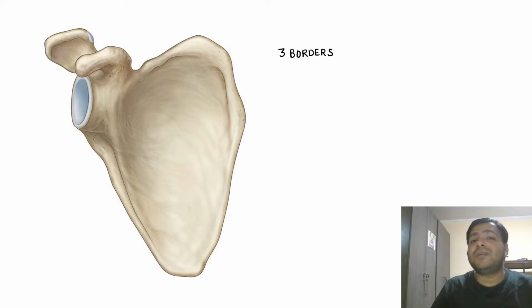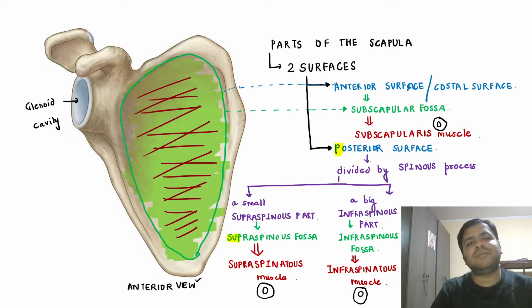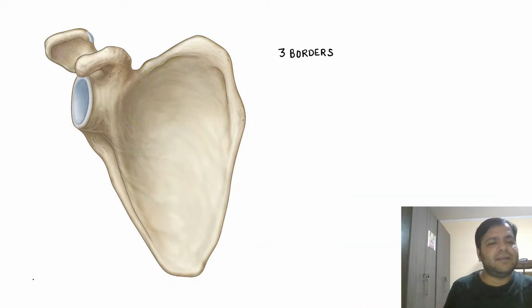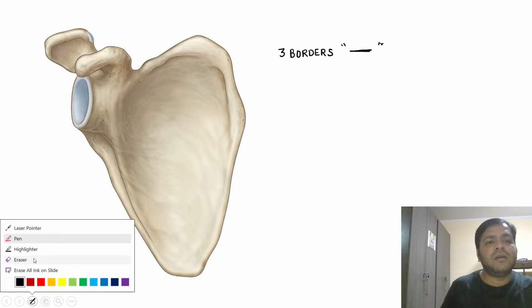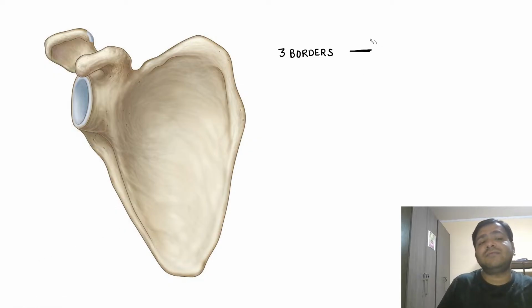Now guys, what is the difference between surface and border? In a surface the area is very large, and a border is just a line. Now when I say the scapula is a flat triangular bone, you can see it will have three lines.